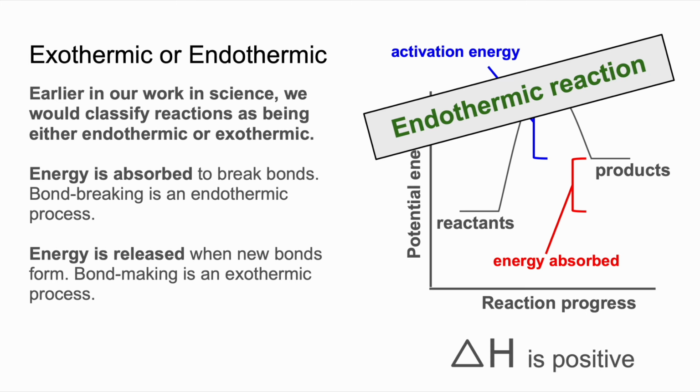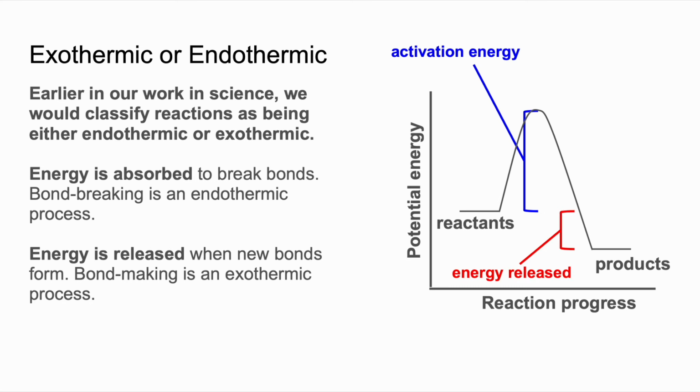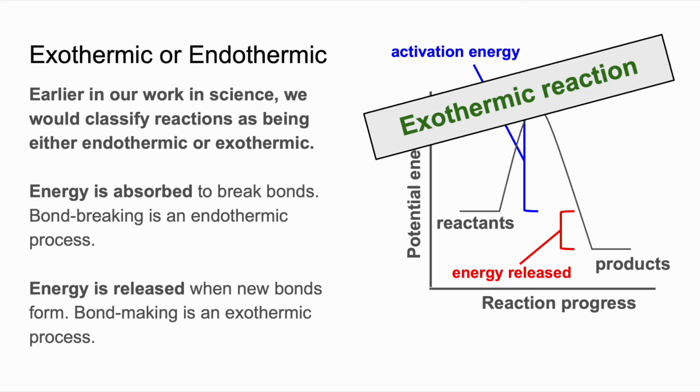And we would say that delta H in this case was positive. The change in enthalpy was positive. On the other hand, if we compared the potential energy stored in the reactants and products, and we noticed that the overall energy of the products was lower compared to the reactants, then we would say that energy was released, and this would be an indication of an exothermic reaction.